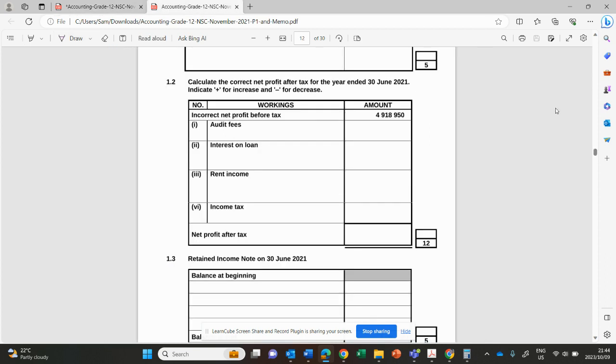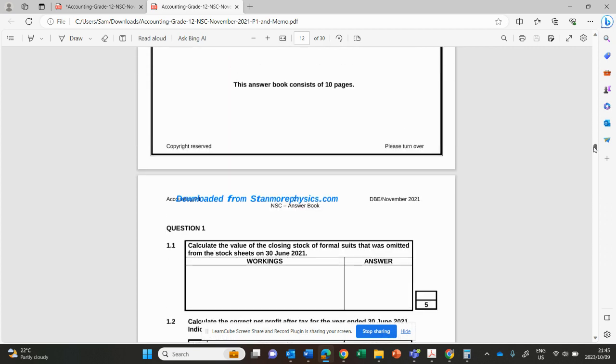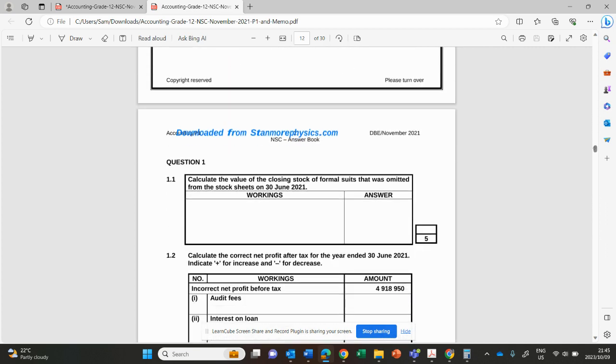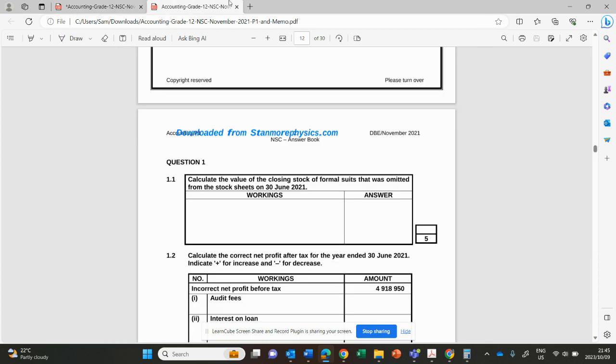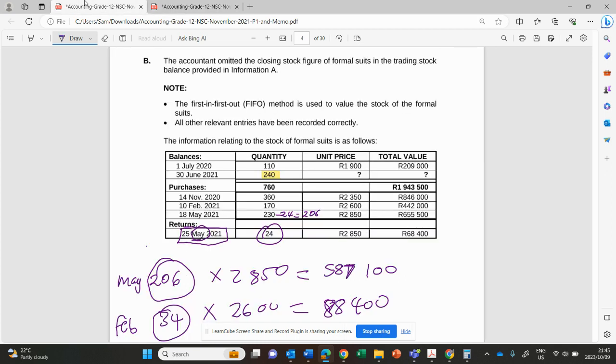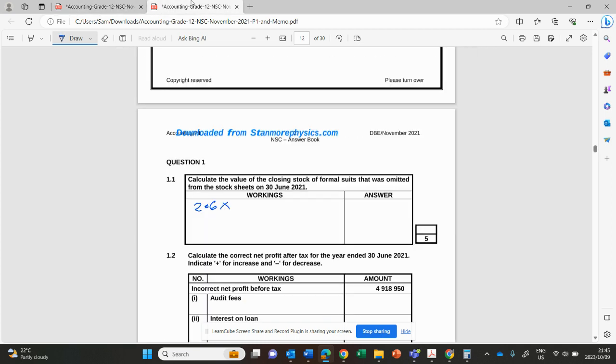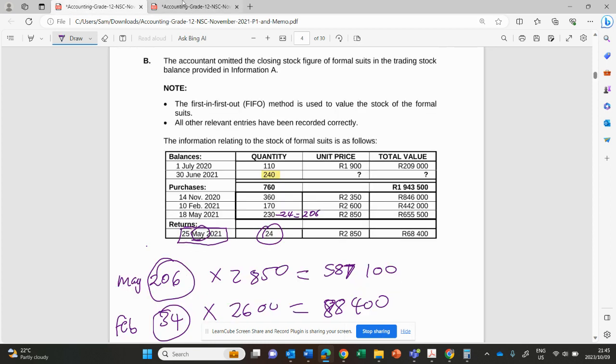You put the information here: 206 for May times 2850, and 34 times 2.6.